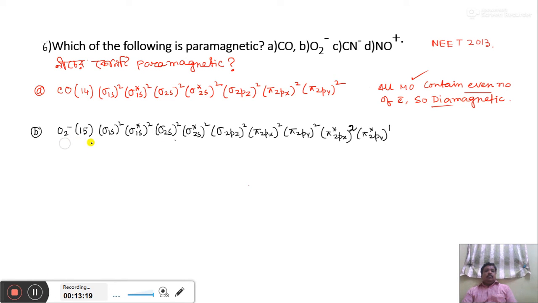In case of O2-, a total of 17 electrons are present and its electronic configuration is sigma 1s2, sigma star 1s2, sigma 2s2, sigma star 2s2, sigma 2pz2, pi 2px2, pi 2py2, pi star 2px2, pi star 2py1. This outermost MO contains an odd electron, so it shows paramagnetic character.